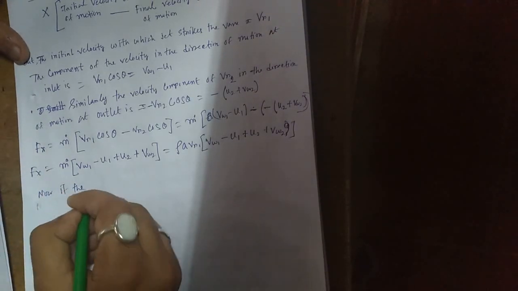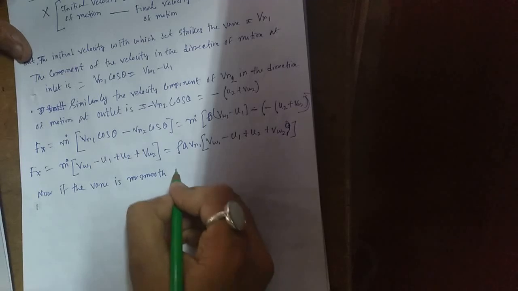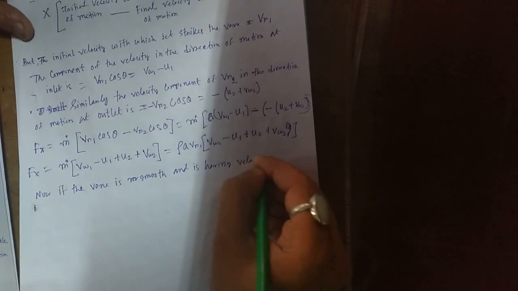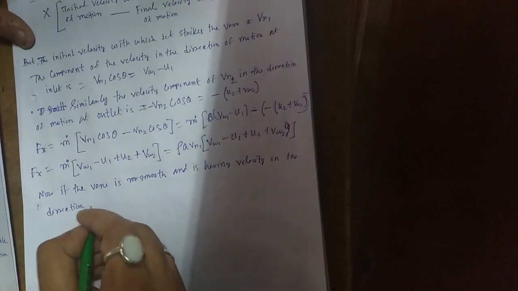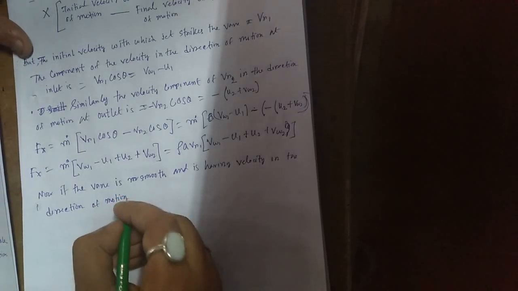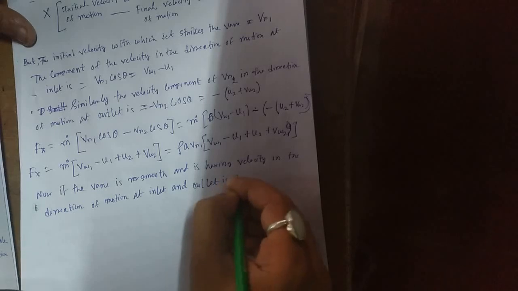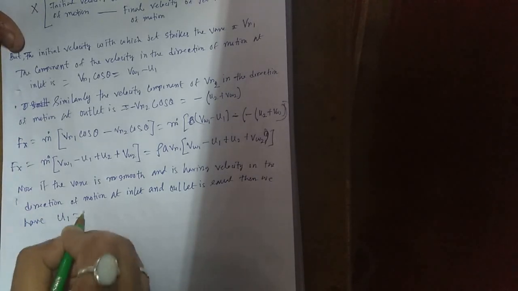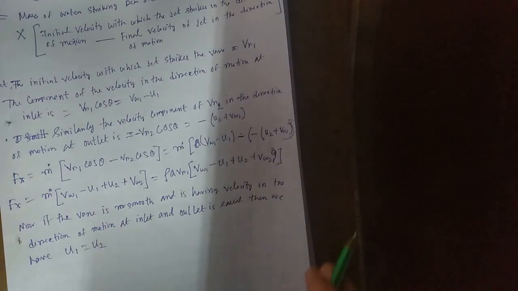Now, if the vane is smooth and the velocity in the direction of motion at inlet and outlet is equal, then we have U1 equal to U2.